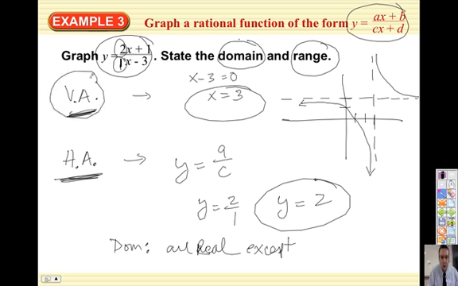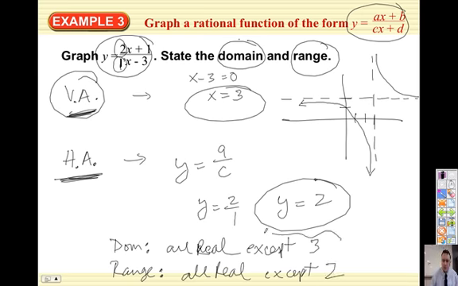It's always the vertical asymptote. All real except the vertical asymptote, which is 3. Your range, once again, this is easy points. Range is all real except your horizontal asymptote, which is 2. So all real except 2. There you go. That's how you find domain and range.